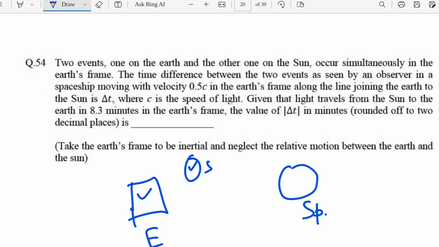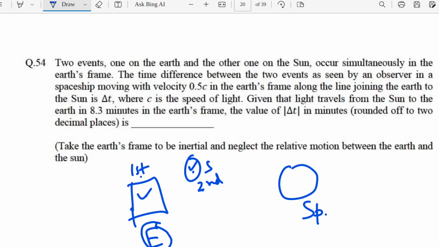If I measure these two events from the earth's frame of reference, you can see that they occur at the same time. Simultaneously means the same time according to the earth's frame. Let's say this is first and this is second, so the first event and second event happen simultaneously.